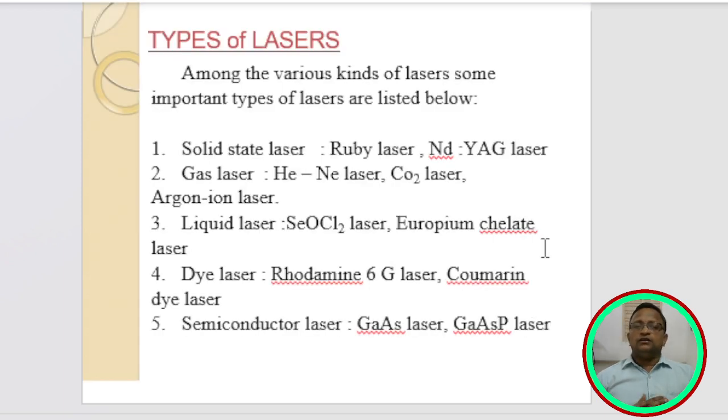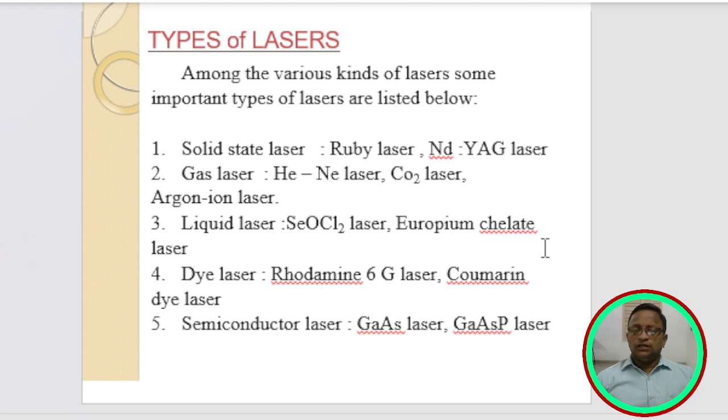We have different types of lasers based on technological needs. Among the different types, the first one was the solid state laser. The better example of a solid state laser was the ruby laser, and the second one was the gas laser.